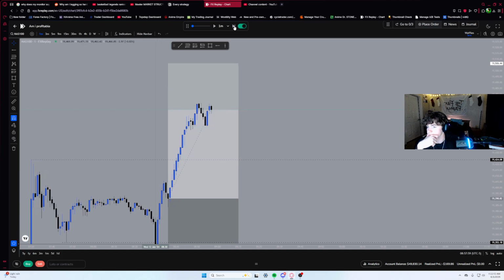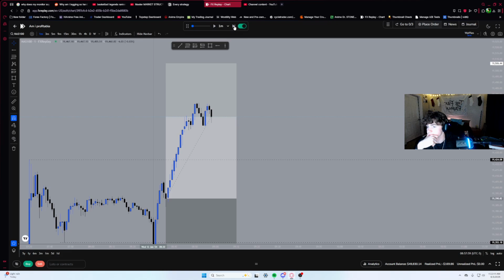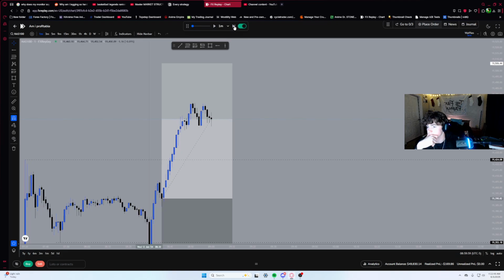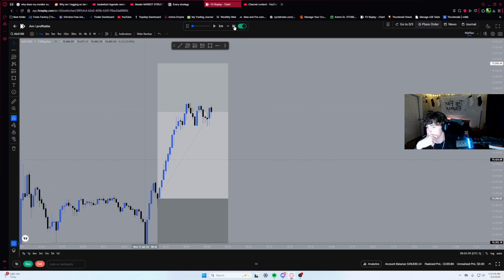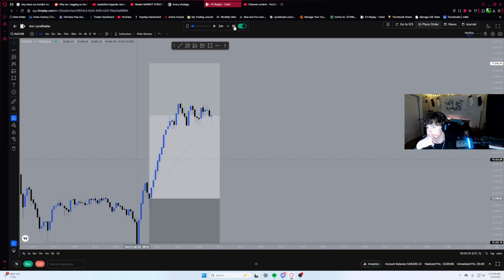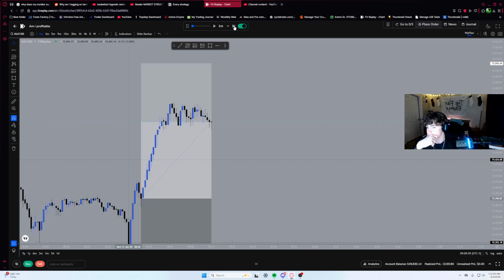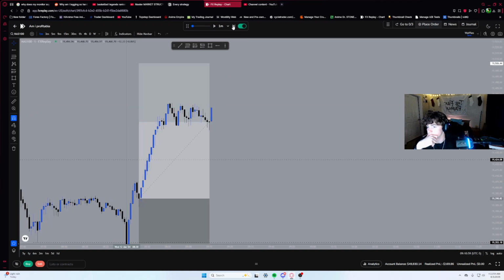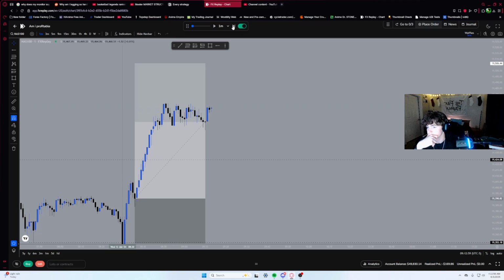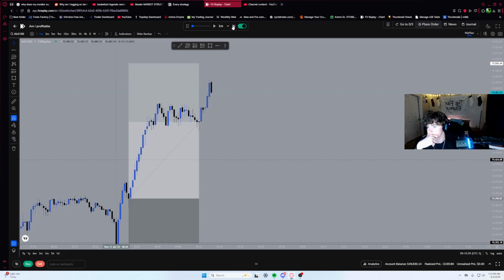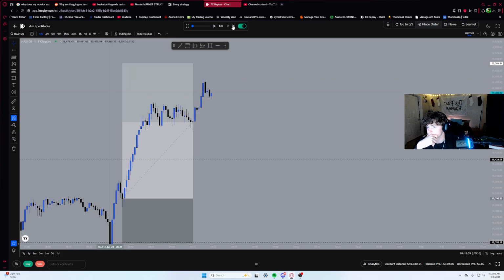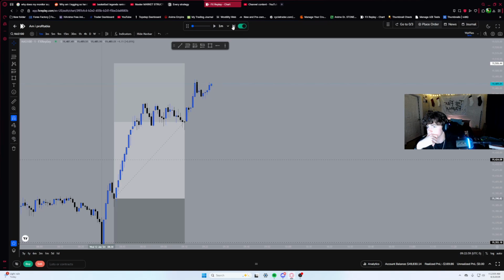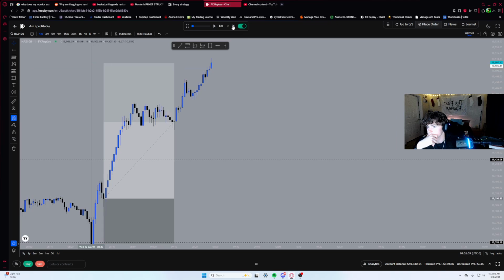Fails to create a lower low. Fails to create a higher high. Retraces, waiting for the next candle. If it creates a lower low, I'm out. Alright, it's a lower low. It's a liquidity sweep. Fair value gap reaction. Alright, cool. Take profit was hit.